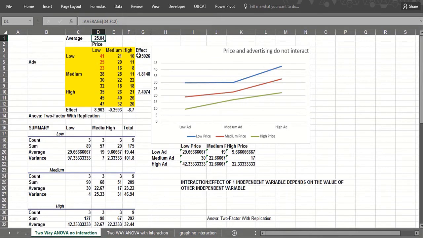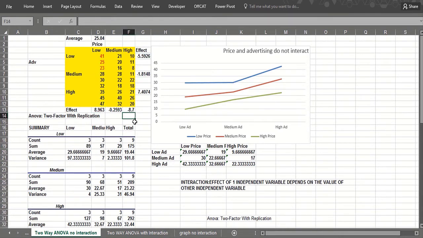Then if we want to look at low advertising, we take the average of low advertising, which is rows 4 through 6, minus the mean, and likewise for medium advertising and high advertising. For a high price, we take the average over all the high price points, which is column F, minus the overall average. We see at a high price, we sell less. High advertising, we sell more. Low price, we sell more. Low advertising, we sell less.